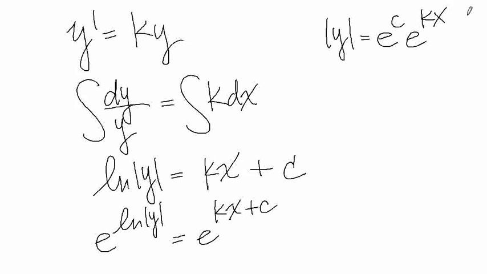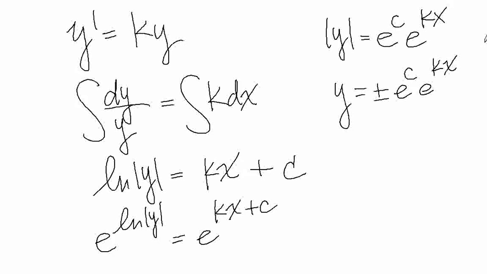Okay, the effect of the absolute value function is either to do nothing or to multiply y by minus 1. All right, both of those are just effectively multiplying y by some constant. So I can divide both sides of the differential equation by that constant. So in other words, I can just put a plus or minus in front of the e to the c on the right side, and that'll serve the same purpose.